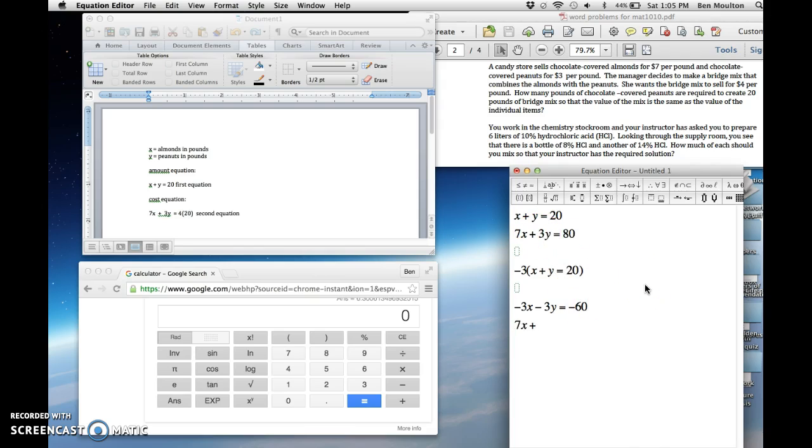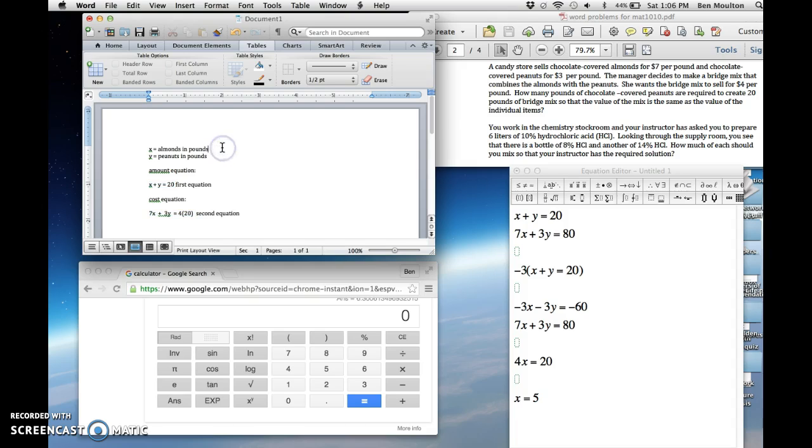See, we're set up for elimination right now. We'll go ahead and add them down. We've got 4x equals 20, so x is going to equal 5. Our x is going to be 5 pounds of almonds.